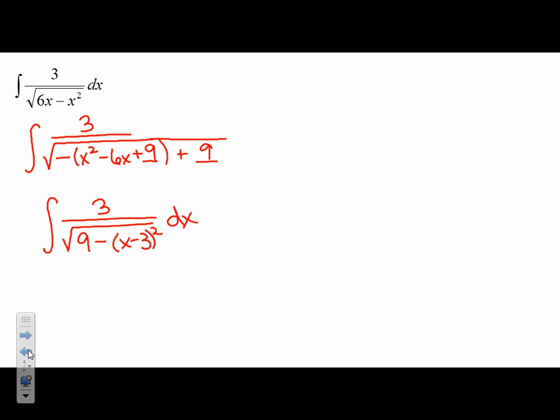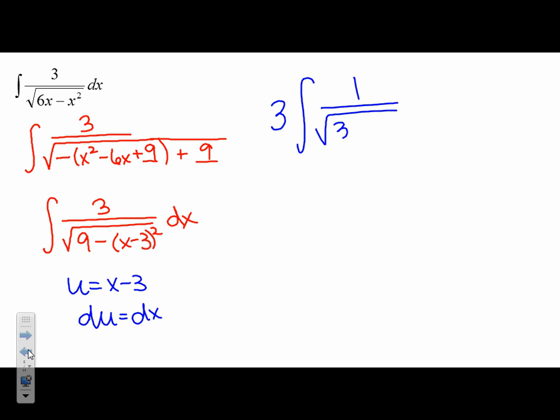Oh, one of the trig ones. Which one? First one. Okay, so we would have to let u be what? X minus 3, which means du is dx. So if we look at it as, I'm going to move the 3 out front, 1 over the square root of 3 squared minus u squared, right?